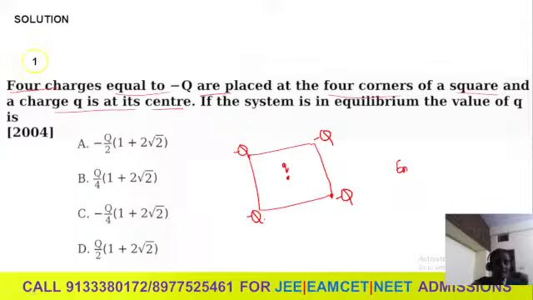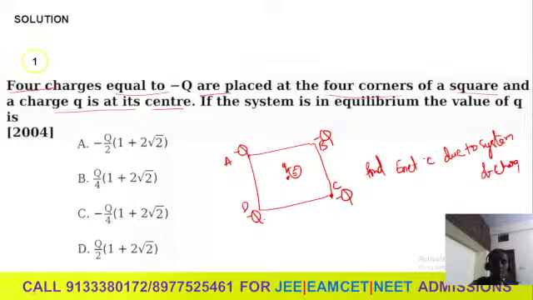Let this be corner A, B, corner C, corner D. I'm giving the clue: find E net at C, and the center charge is the fifth charge. Due to the system of charges, equate that net value to 0, because they are in equilibrium.